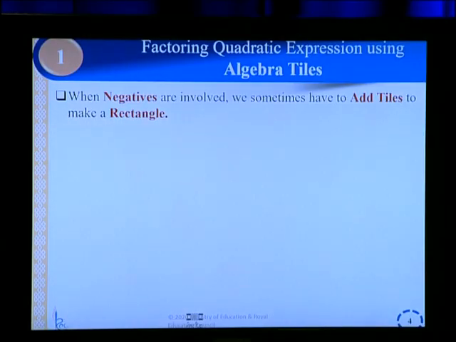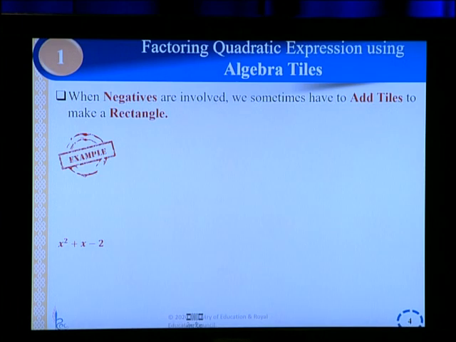Now how would you create a rectangle if some negatives are involved in our equation? When negatives are involved, we sometimes may have to add tiles to make a rectangle. Let us see one example.